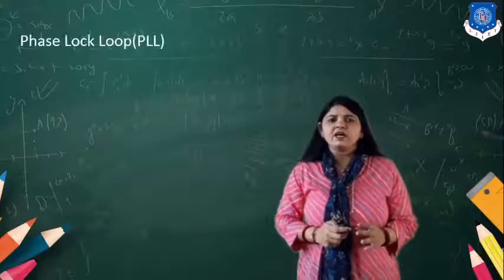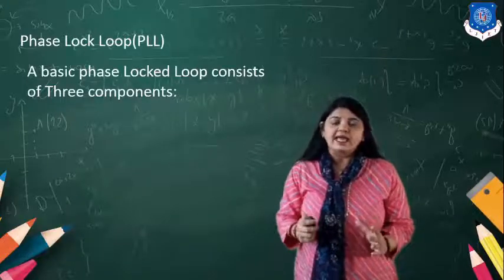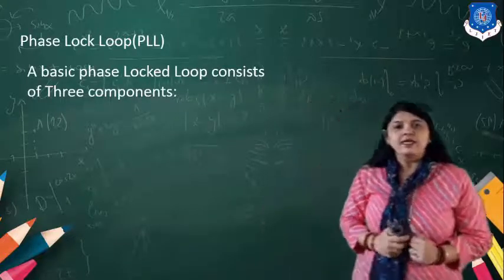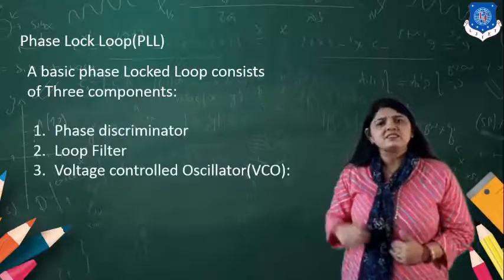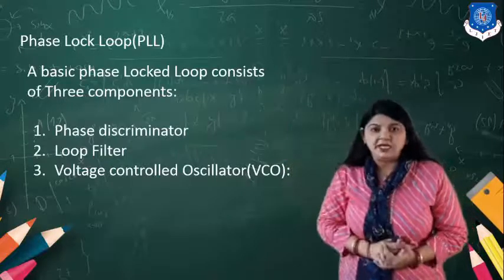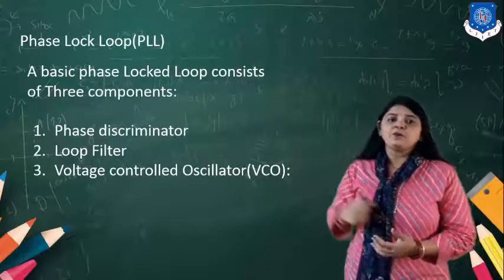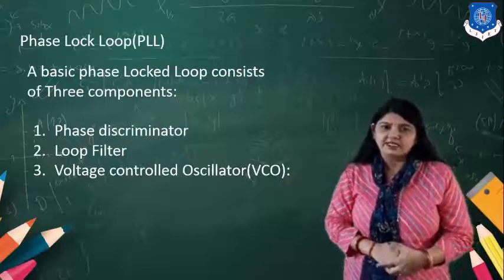So here we are going to use the PLL. As we have studied earlier, the PLL has three components: the phase discriminator, loop filter and voltage controlled oscillator.